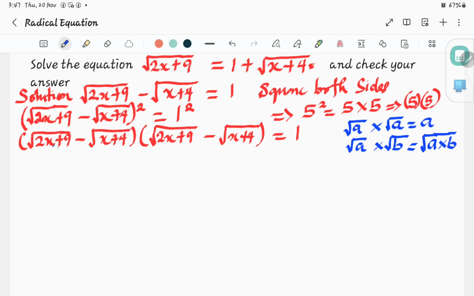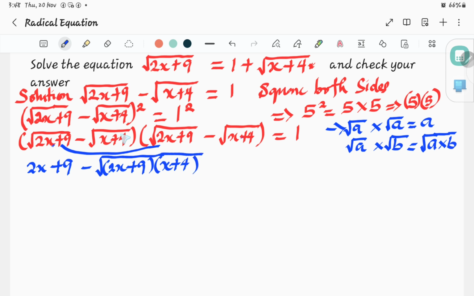So applying that here, if we multiply this with this, following the law that root a times root a gives a, root 2x plus 9 times root 2x plus 9 will give us 2x plus 9. Then this times this gives us negative the square root of 2x plus 9 and x plus 4.